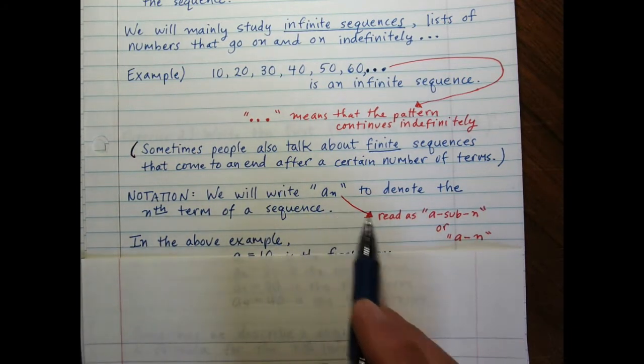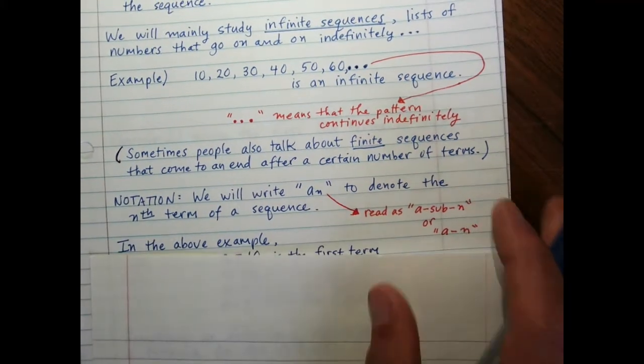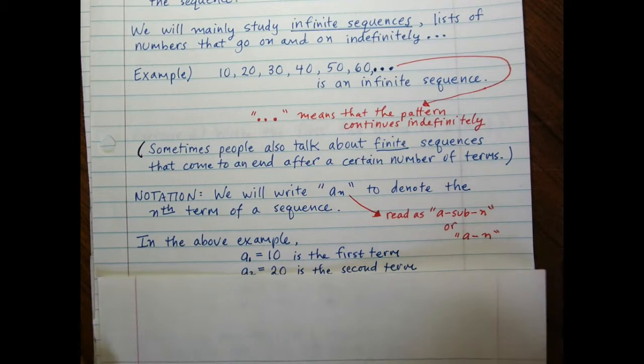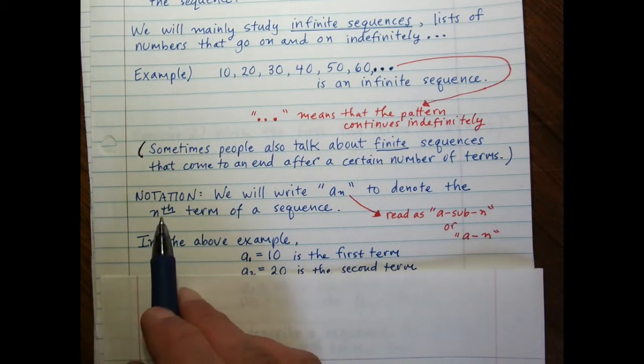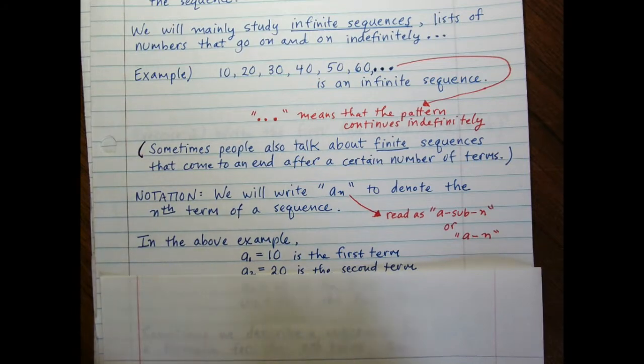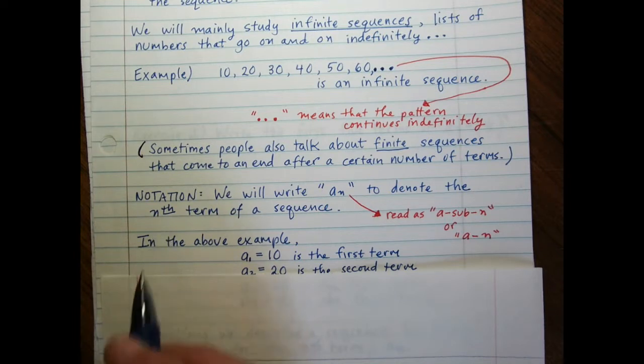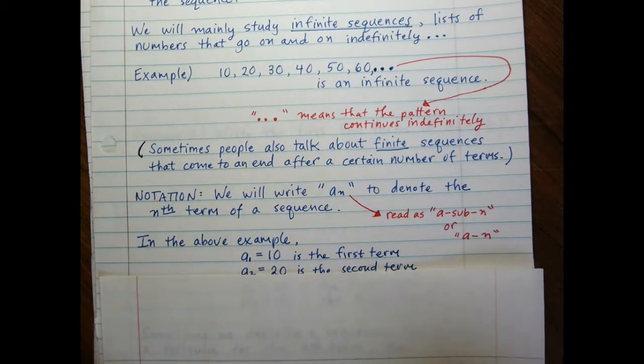So in red here on the side, I note you can say a sub n or a n for short. When we say the nth term of a sequence, that nth is kind of a weird thing to write down, but it just means we're talking about a notation that represents all possible terms at one time.